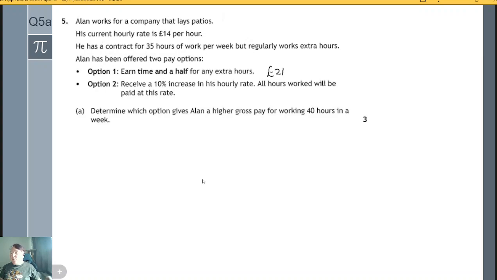So we need to work out what that would be. So option one, we're told that he works 40 hours, so we're going to work out which one is best for him for 40 hours. It's going to be 35 hours at £14 and 5 hours at £21.